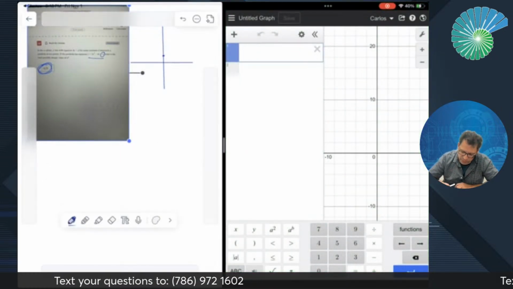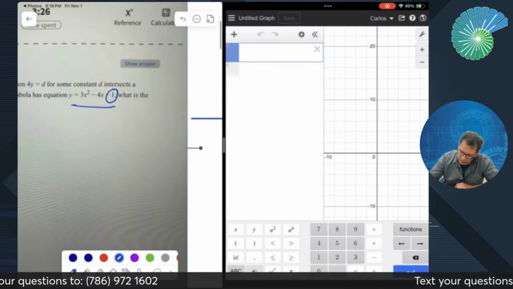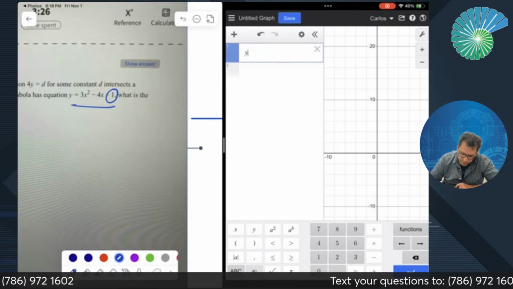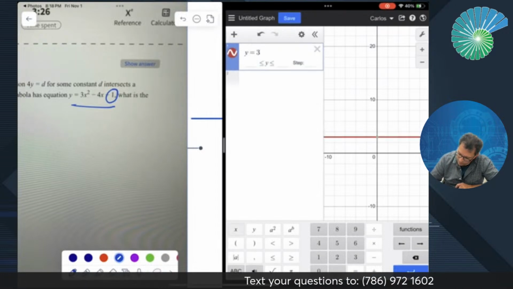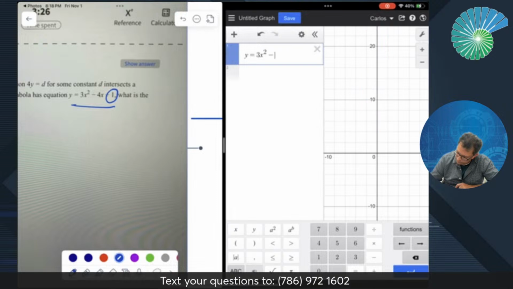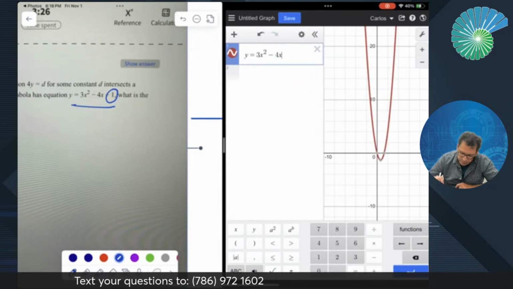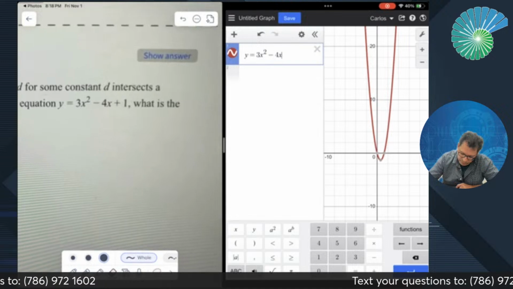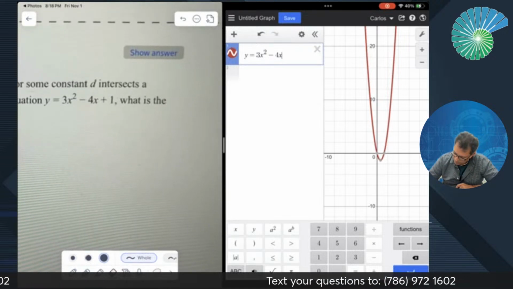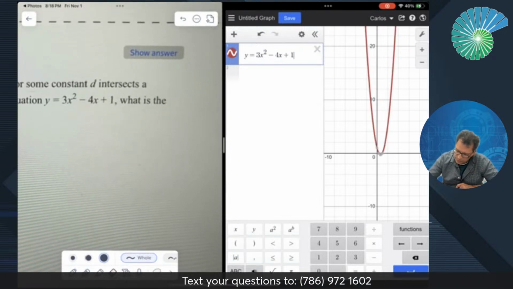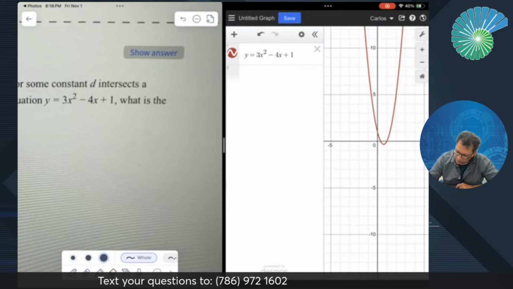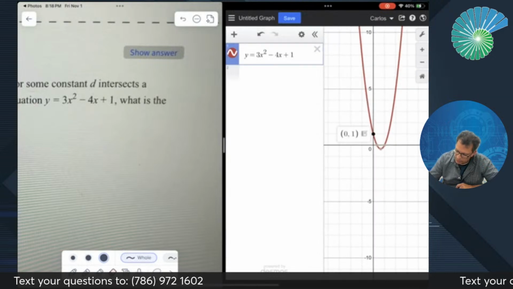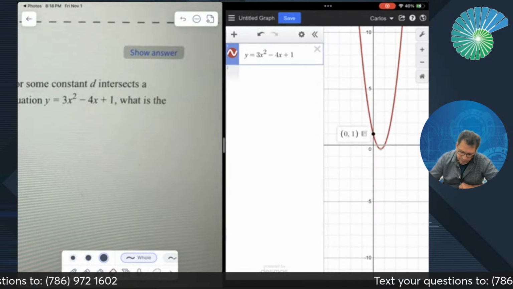And you simply input that function here. Is this minus? Yeah, +1. Okay. So that is the graph of that parabola. And we can see that it passes through 1.